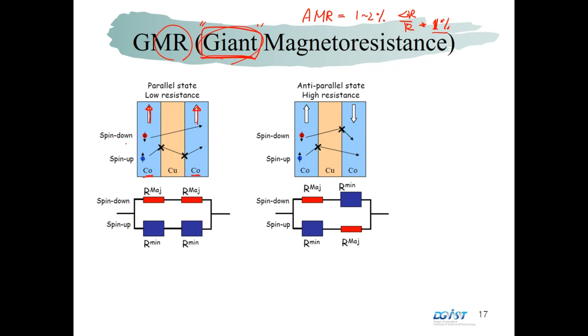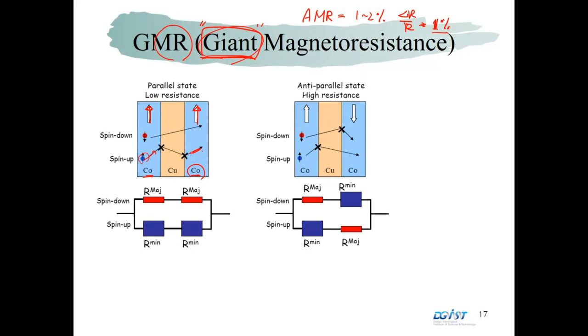Then, if we have a low resistance for the spin down case and high resistance for the spin up case, then the spin up electron experiences many scatterings inside this cobalt, and also more scattering in this second cobalt.